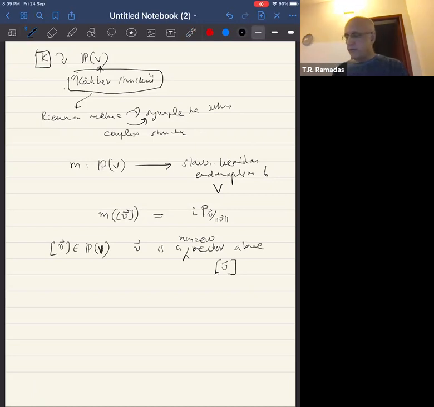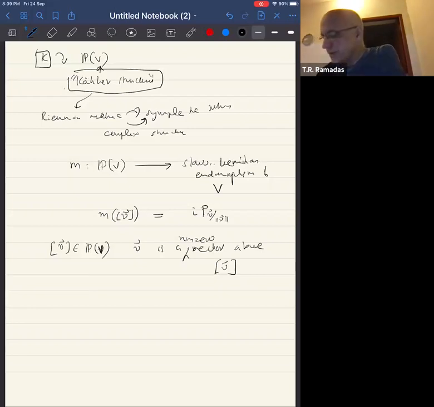So this square bracket stands for an equivalence class of non-zero vectors all lying on a one-dimensional subspace. So a point of PV is not a vector, it is a one-dimensional subspace.